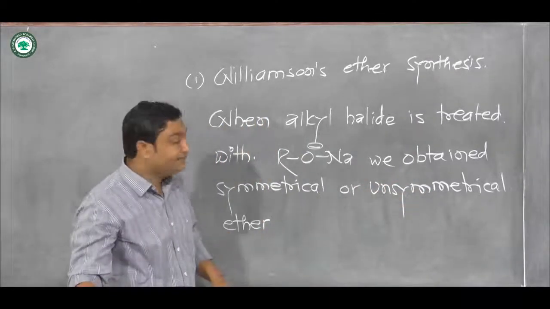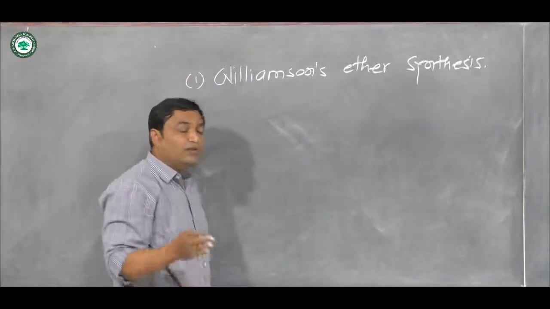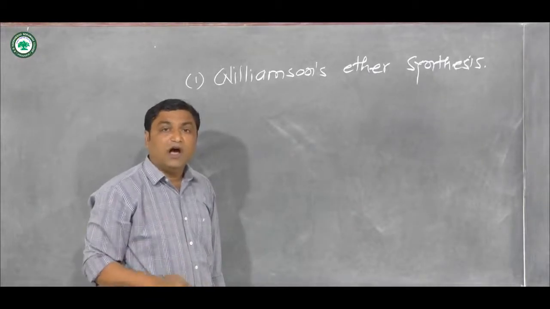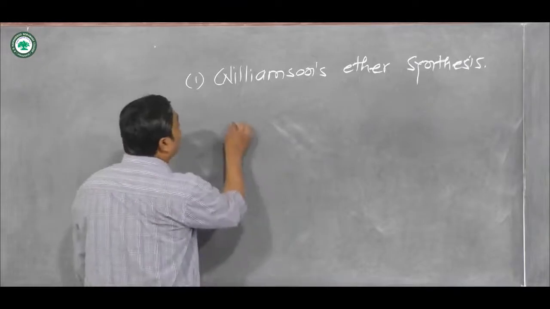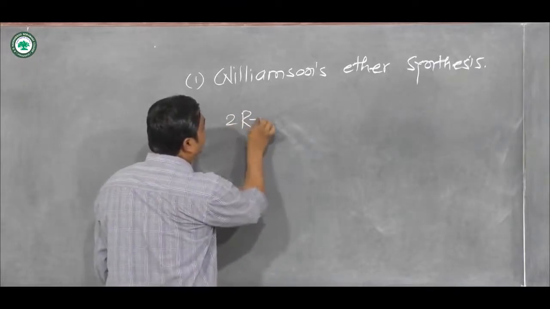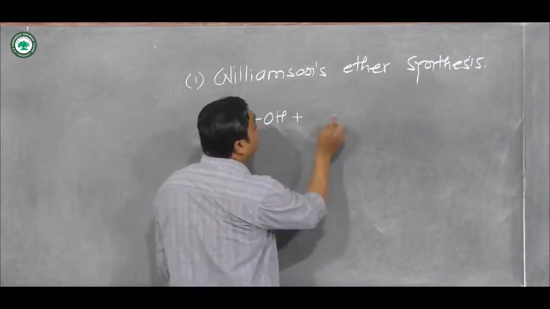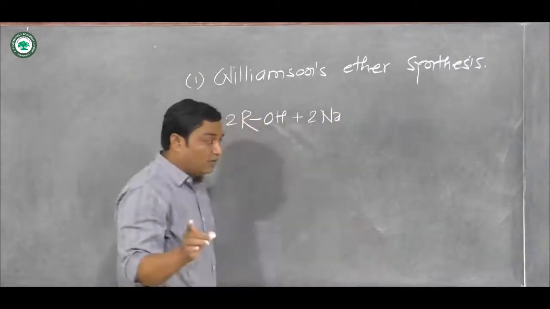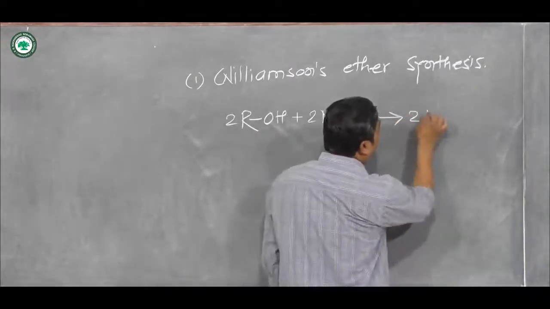For example, moving towards our reaction, firstly we have to see how these alkoxide ions are formed. When an alcohol molecule, that is ROH, is treated with sodium metal, we will obtain this alkoxide ion.